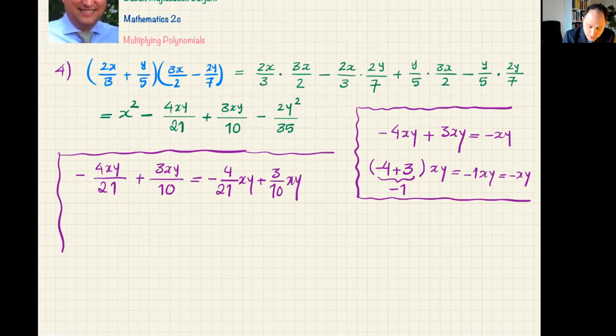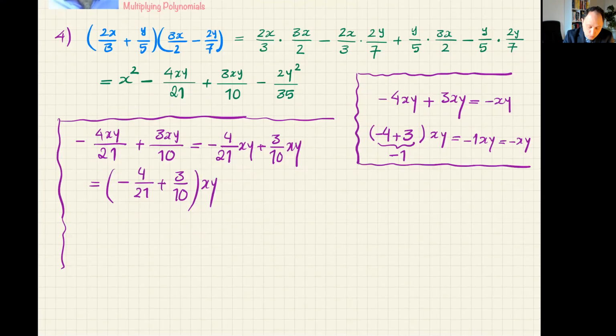I want to do the same method. The problem is that it is hard for my brain to immediately answer what is the sum of these two fractions. Either you use your calculator or you go to scratch paper, but you know what to do. You are supposed to add this fraction to that fraction, and then whatever you get, you put an xy in front. So what I am doing now, I am doing this on scratch paper. My duty is to calculate this now.